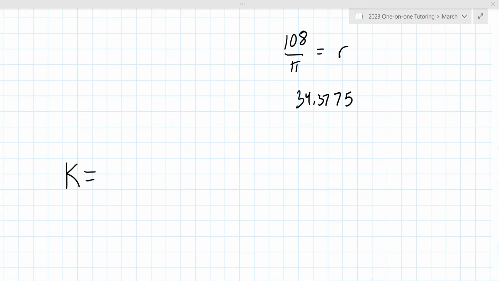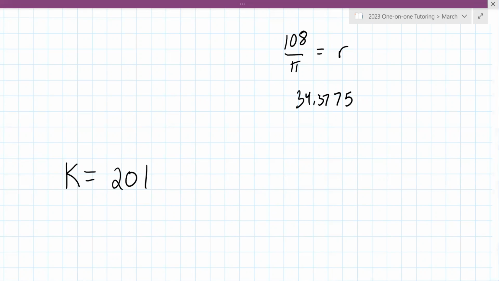Okay, I got 201. Yes. It says that that is your value of K. There are other ways to do this, your friends may do it slightly differently, but this works. Nice. All right, we're up to scene 5.